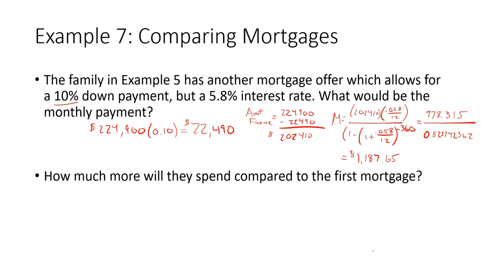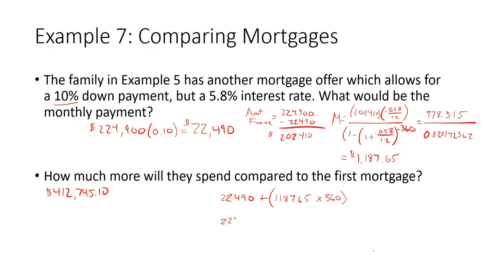So if we want to know how much they would spend on this mortgage compared to the first one, well, on the first mortgage they spent $412,745.10. To calculate the value here, we want to take the down payment, $22,490, add it to our monthly payment times 360 for the number of payments.